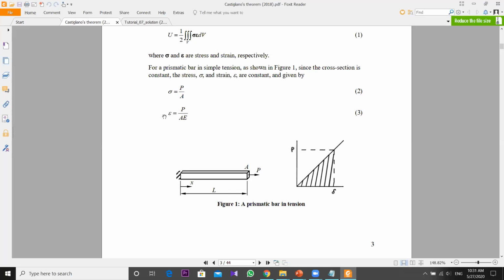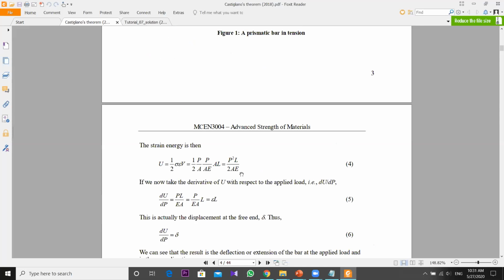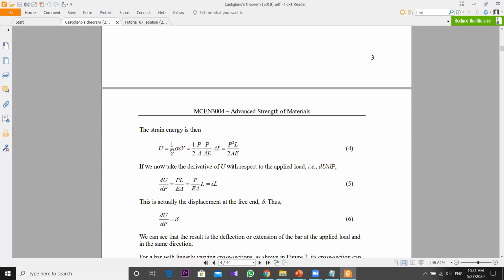So the deflection, I mean the strain, equals P divided by AE, and this is a prismatic bar under tension. This end is fixed, and when you apply the load, the deflection follows a linear pattern like this. So strain energy is equal to half times sigma times epsilon.